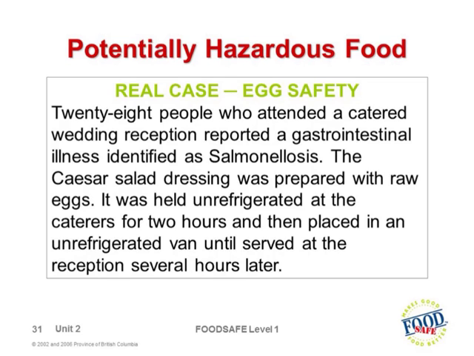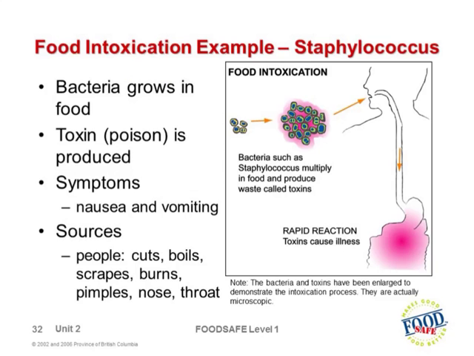So being held at room temperature and then in the unrefrigerated van are two areas where the temperature is right in that danger zone. The danger zone has now allowed all that bacteria to grow and multiply. And in the several hours, it could have multiplied to several million bacteria, which made several people sick.